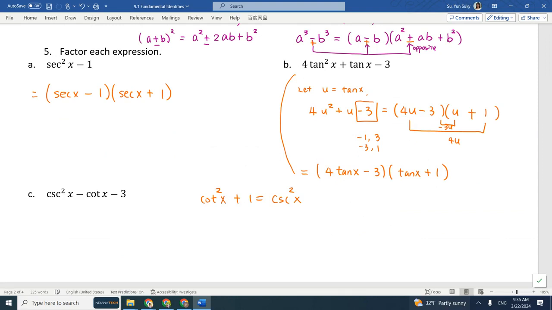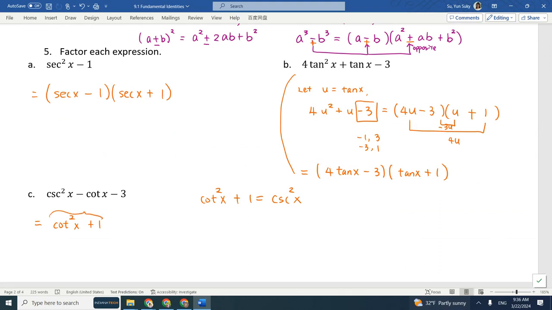Do you want a square root in your expression? No. So in this case, we must express cosecant in terms of cotangent. Sometimes if you don't know what to do, try both and see which one works and which one does not work.